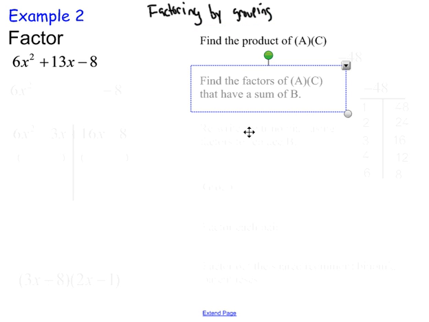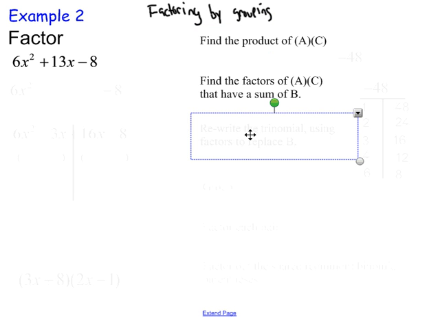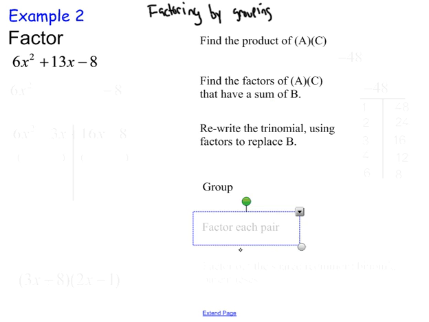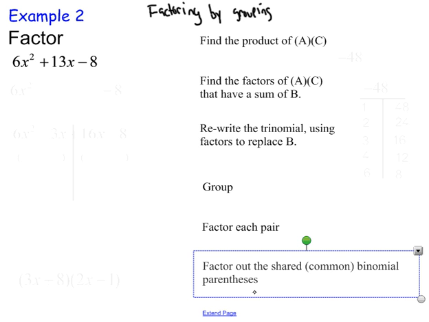Find the product of a and c, find the factors of a and c that have the sum of b, rewrite the trinomial using the factors to replace b, group, factor each pair, factor out the shared common binomial, parentheses.